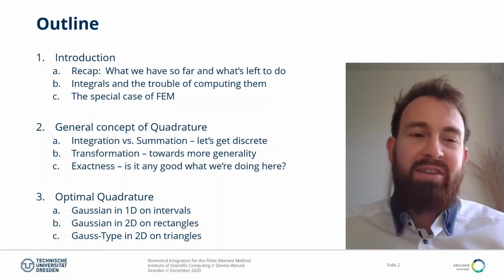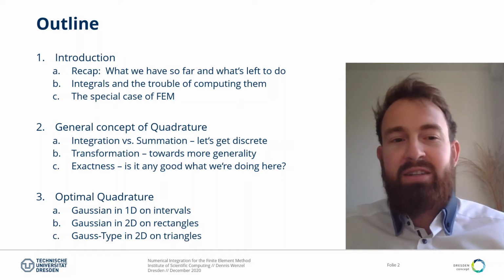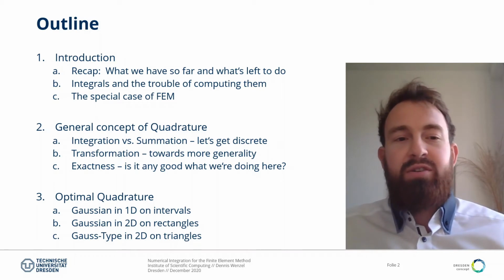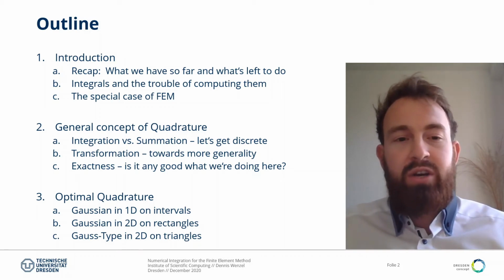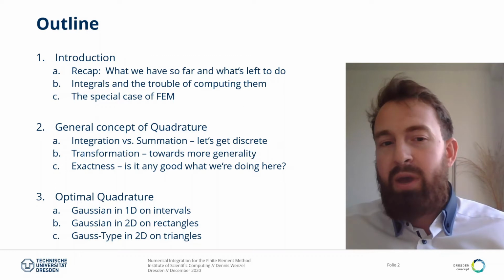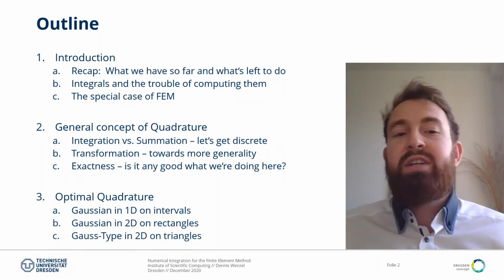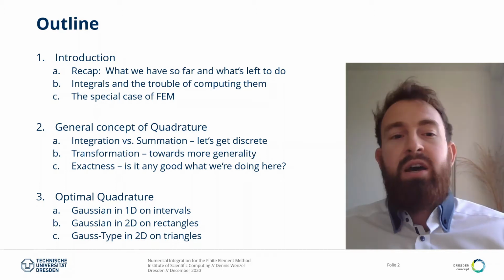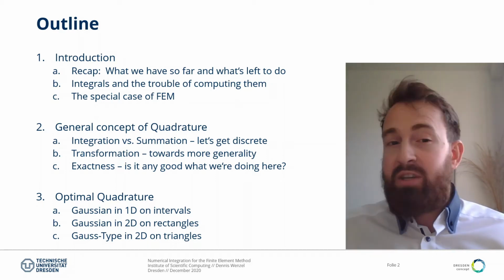We start by doing this in 1D with the classical Gaussian quadrature. And then we transform this to 2D and talk about Gaussian quadrature in 2D on rectangular domains, which is not super relevant for our finite element applications in this course, but in general is the natural transfer of the concept of an interval in 1D.